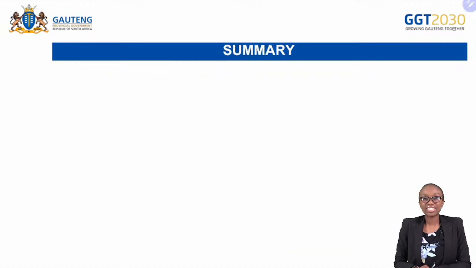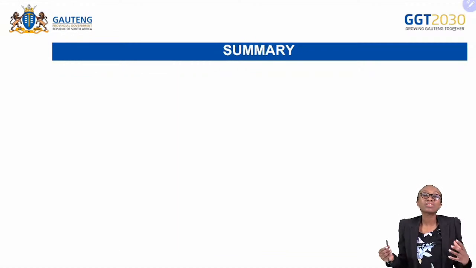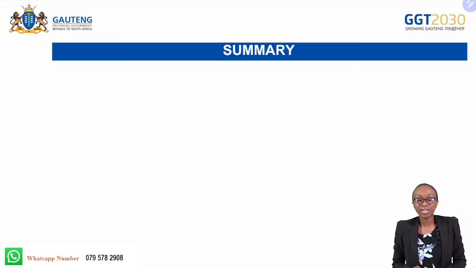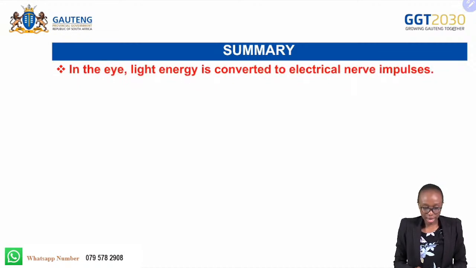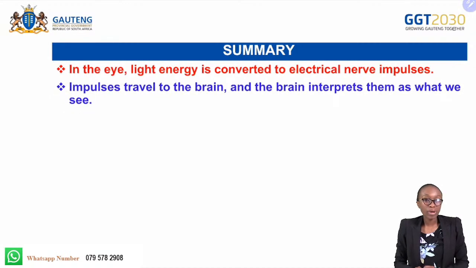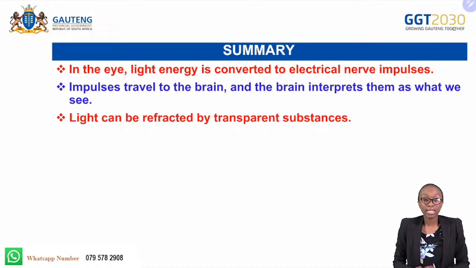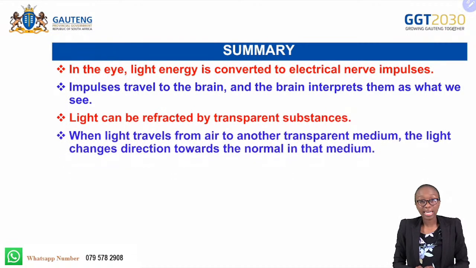Okay, grade 8. Now we've reached the summary. This is where we remind each other of what we have learned today. So what have we learned today? Today we learned that in the eye, light energy is converted to electrical nerve impulses, and these impulses travel to the brain, and the brain interprets them as what we see. We also learned that light can be refracted by transparent substances, and when light travels from air to another transparent medium, the light changes direction towards the normal in that medium.